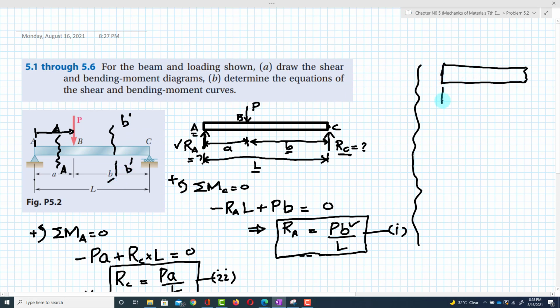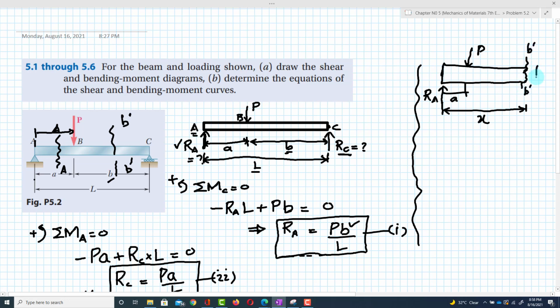This is RA, this is point B where P is applied, and this distance from this point to this point is A, and from this point till where the beam is cut, this distance is, for example, X. So definitely this is that BB dash section.